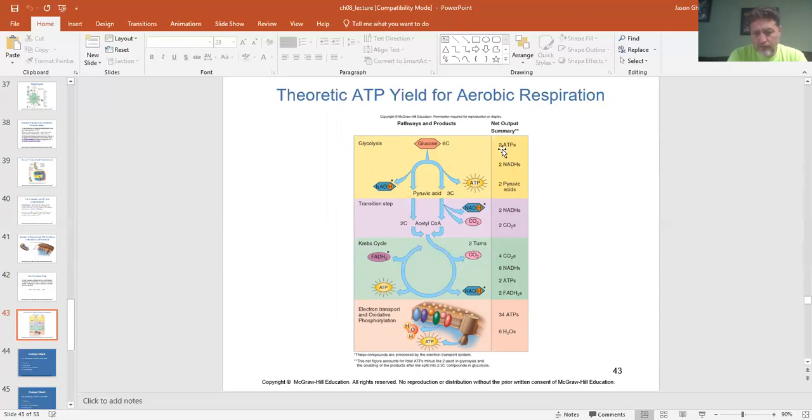So if we count them up, we have 2 ATPs here and 2 NADHs, and each one of those is going to produce 3, so there's 6, so we have a total of 8 right here. 2 NADHs, that's going to be another 6, so 8 plus 6 is 14. 6 times 3 is 18, so 18 plus 14 is what, 32? Plus 2 more here is 34, plus two FADHs, which produce 2 each. So there's another 4. So there's actually 38.